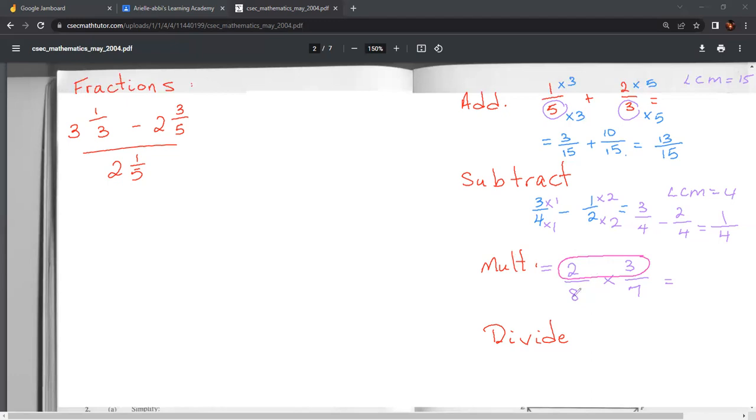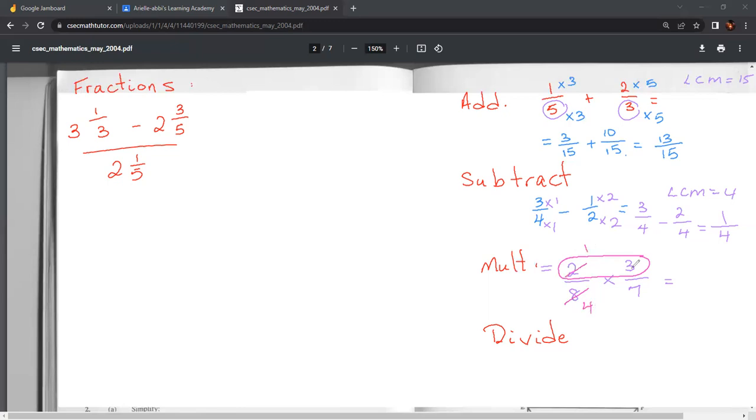Now, 2 and 8 can be found in the same times table. I can find them both in my 2 times table. So I could use the number 2 to break down these 2 numbers. 2 could go into 2 once, and 2 could go into 8 4 times.